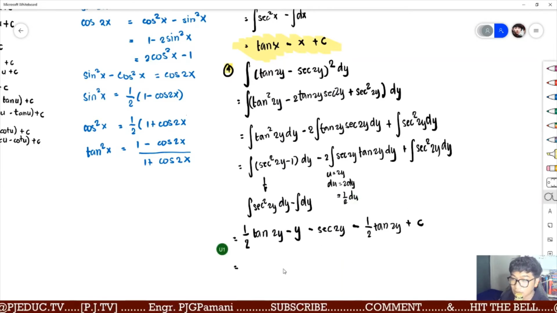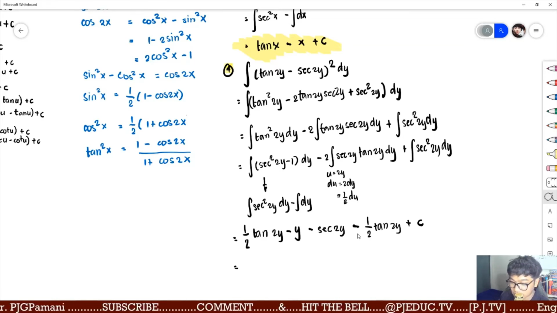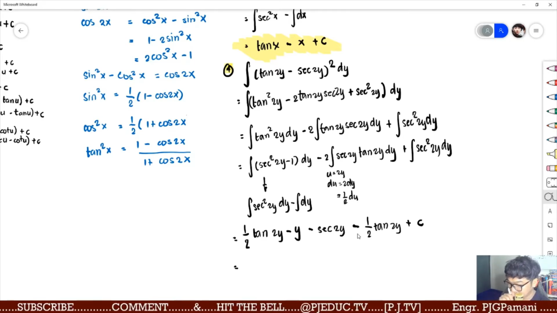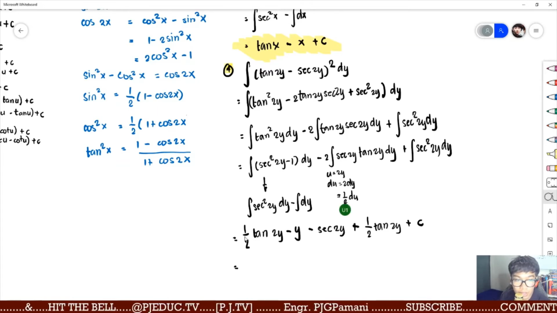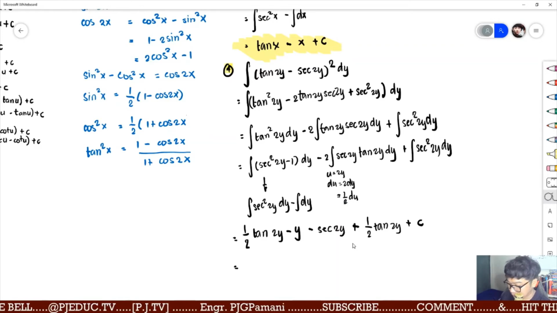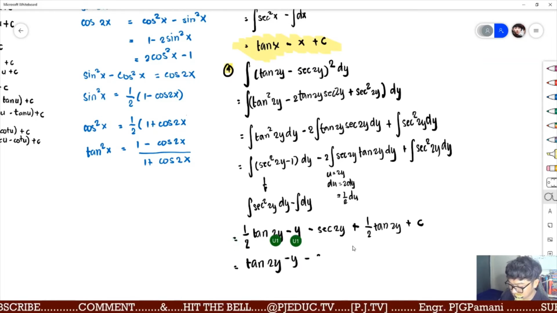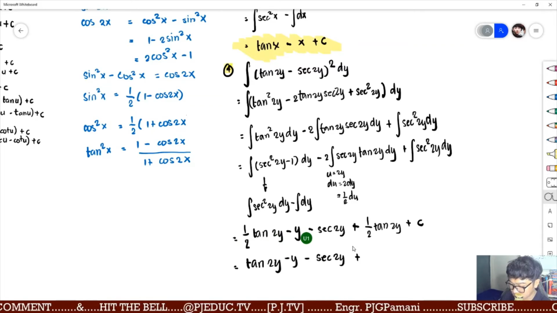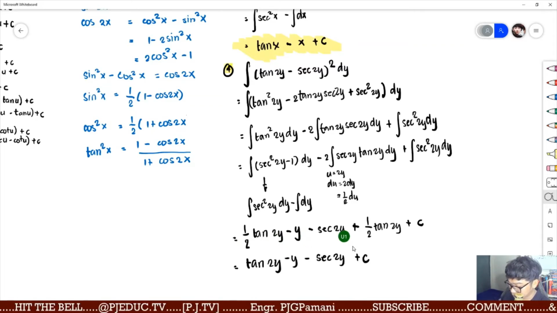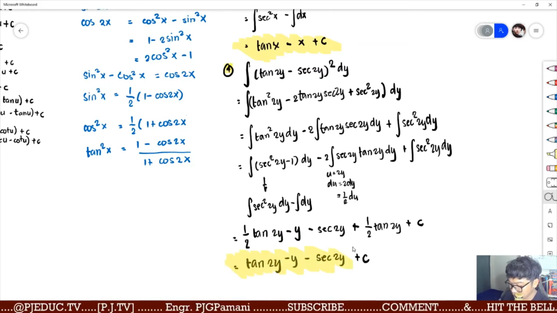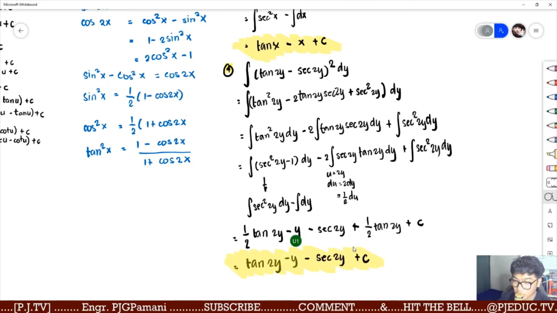Simplify further: one half tangent 2y, oh, why minus? It's plus. One half tangent 2y plus one half tangent 2y is simply tangent 2y minus y minus secant 2y plus c. This is now our final answer.